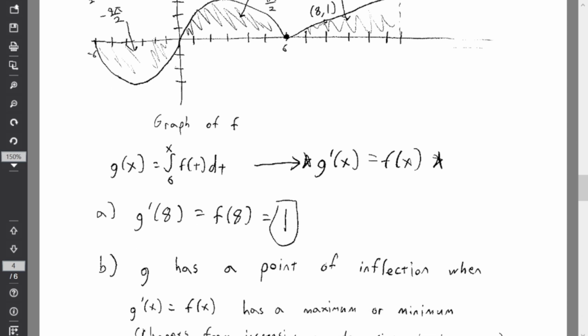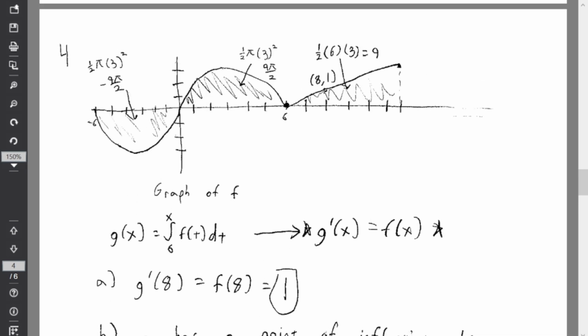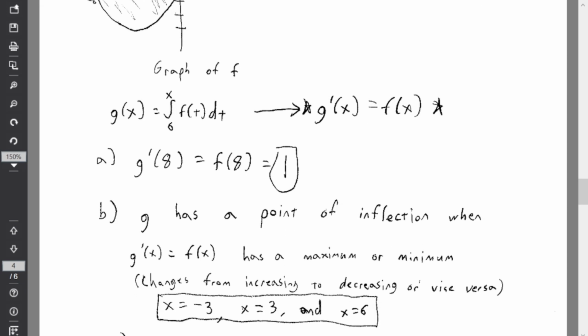I want g prime to have a maximum or a minimum, or in other words, I want g prime to change from increasing to decreasing, because that'll tell me that g double prime, the second derivative, will equal 0 and change sign. So that happens at 3 locations. My max and min on this graph are at -3, +3, and +6. Those are the locations where g has a point of inflection.